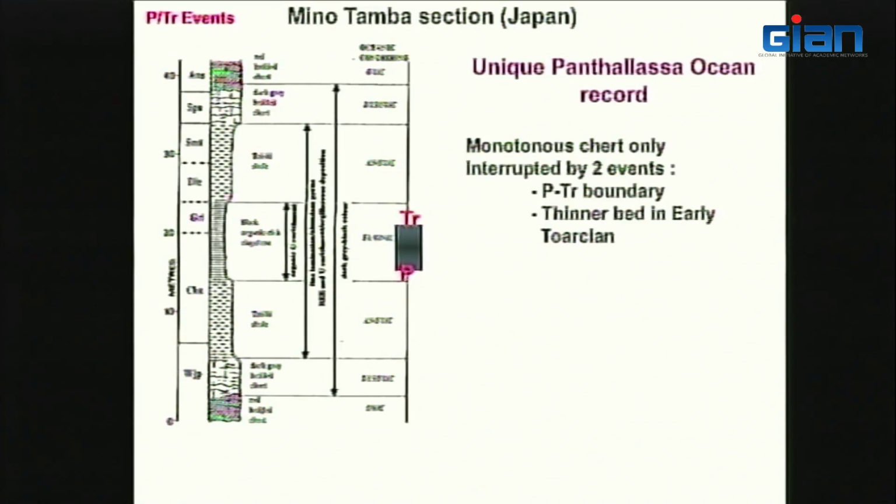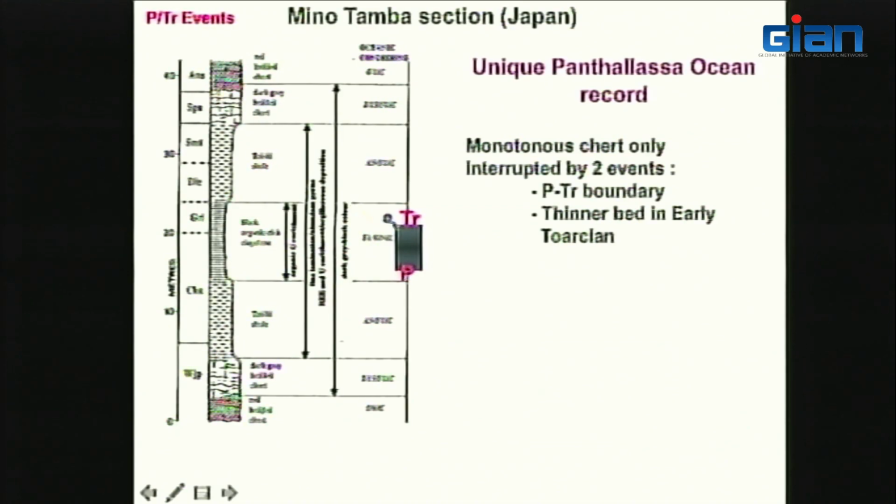And this is a very monotonous course here, made mainly of chert and radiolarian. But there are two exceptions, and in one of them there is the appearance of black organic-rich claystone, which are euxinic.